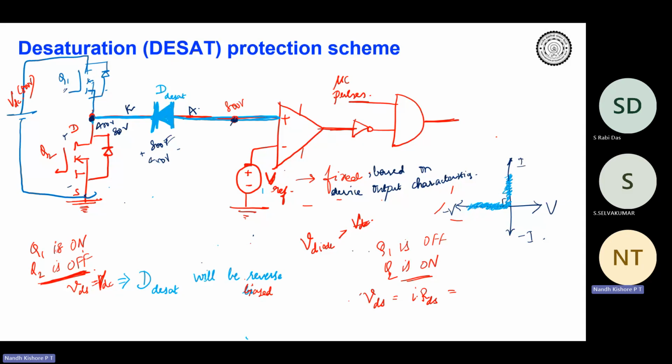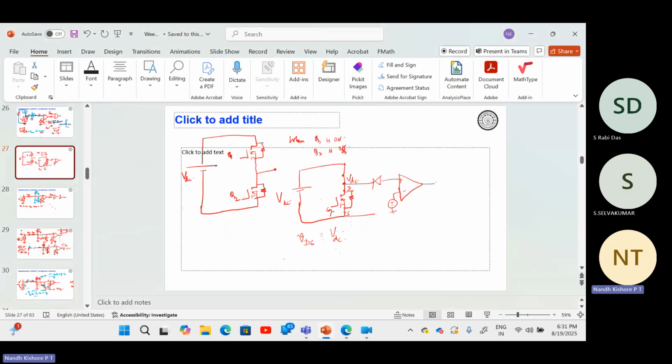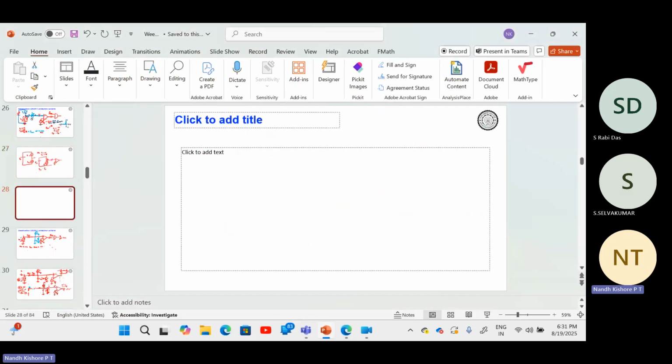So let's see. You're going to get some VDS over here, right? You know that during this, let me take the slide once again. Yeah.